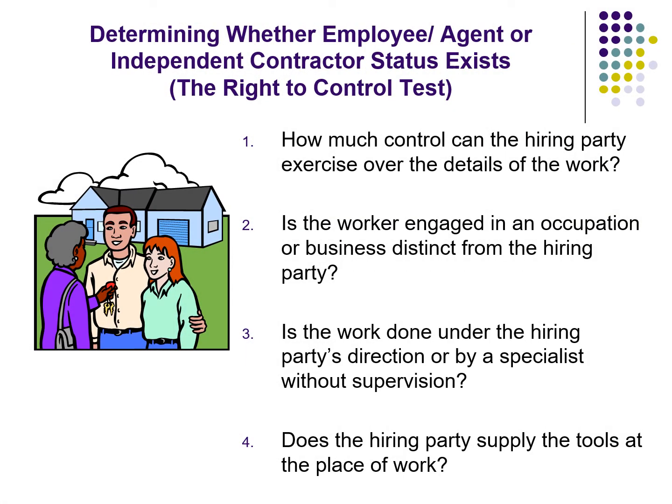When you have agency relationships, there is often the question of whether or not the agent who is negotiating the contract on behalf of the principal is working as the principal's employee, or is the agent an independent contractor working for themselves?